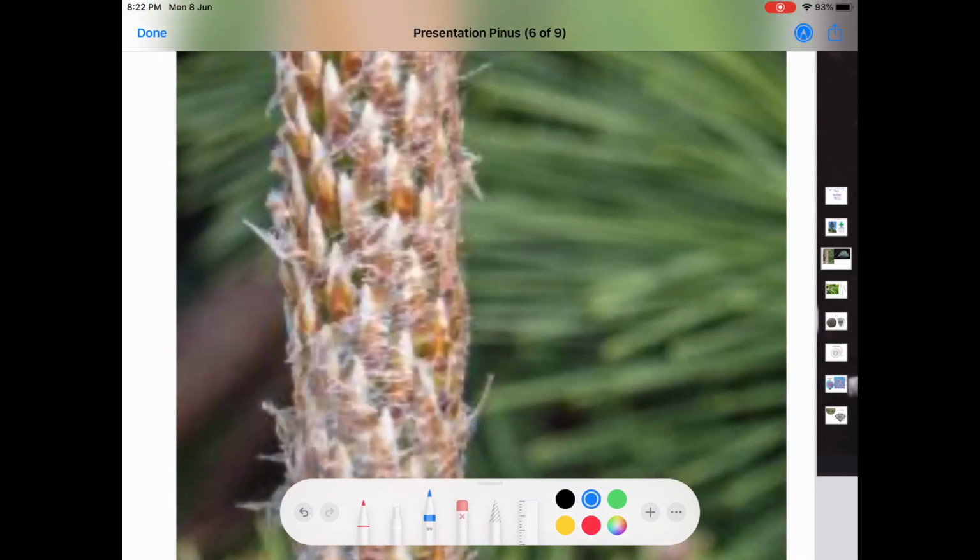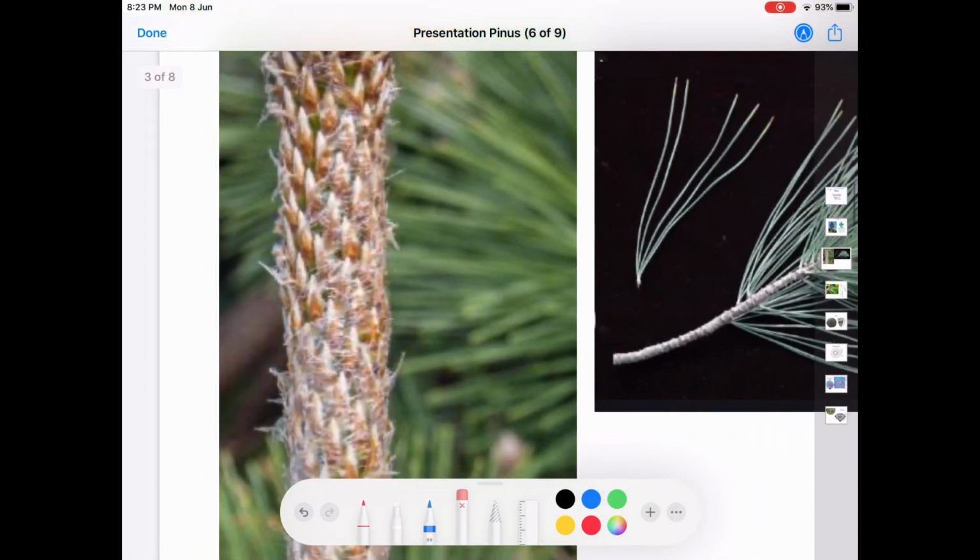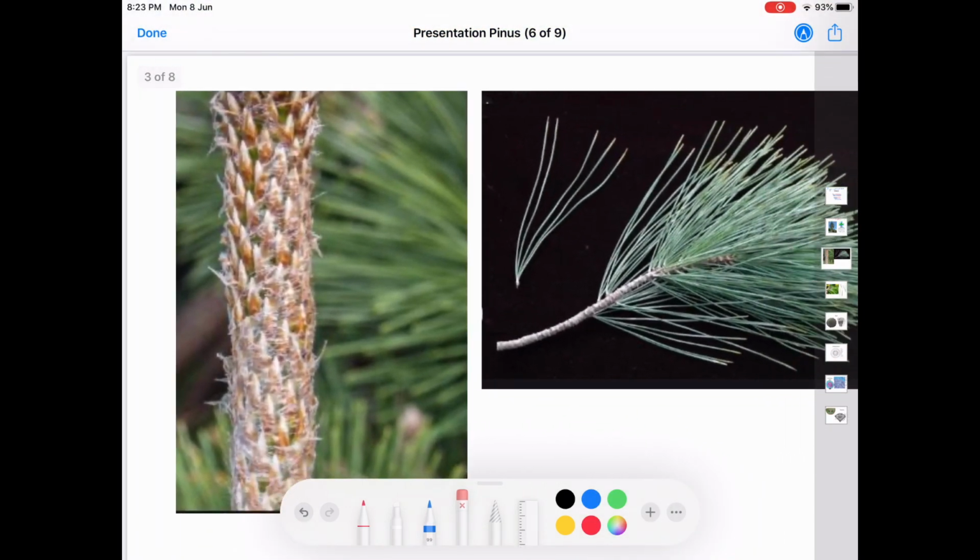Here you can see these brown scale leaves. And all over the stem you can see these brown scale leaves. That is, the stem is fully covered with the scale leaves. In the case of Pinus, there is a peculiarity in branches. That is, the Pinus is showing dimorphism in the case of branches.